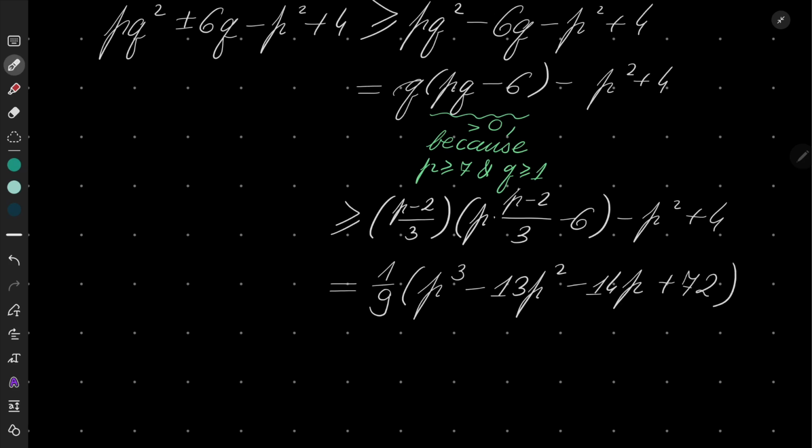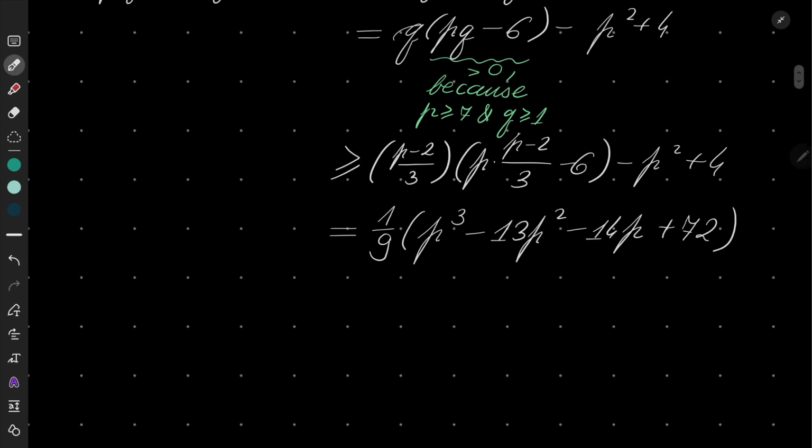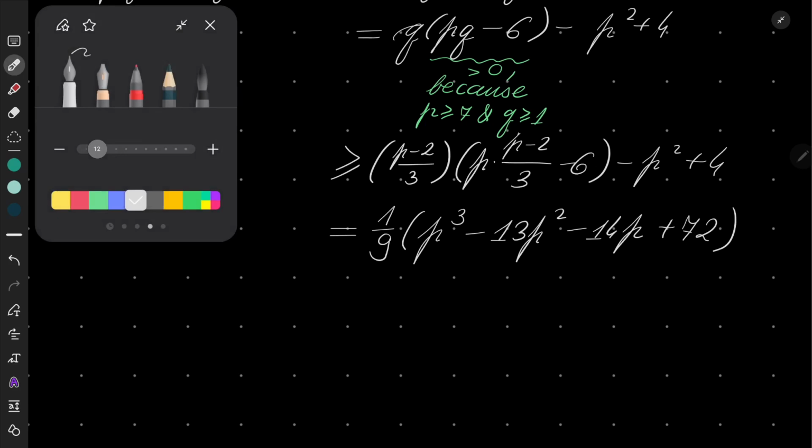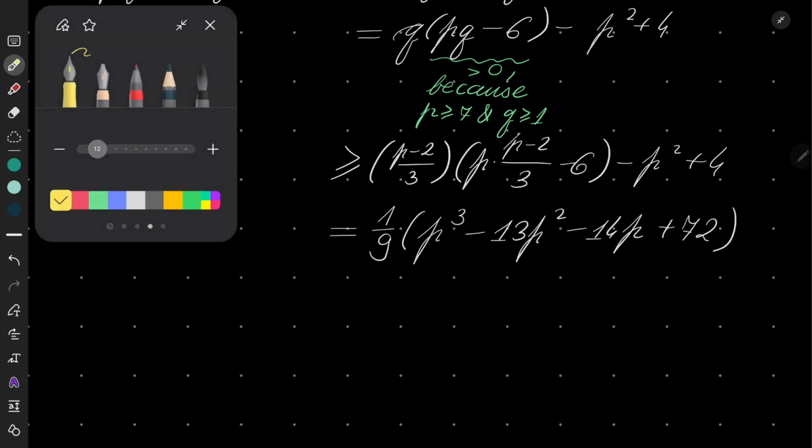Okay, as I said, this is a cubic polynomial, which will very shortly, for not that big arguments, already be positive. The only question is, at what p does this polynomial become positive? Well, you can either look at the graph or use differential calculus or something else, whatever. It's not very difficult. I will leave details to you.